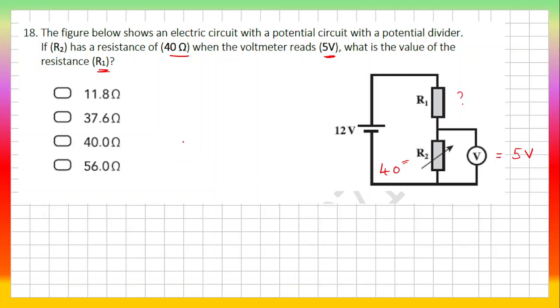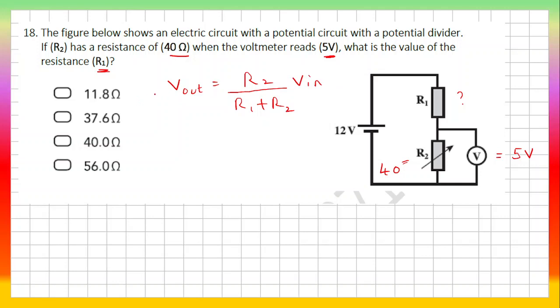Okay, you can go back to the formula table, you will get what we will use, but we will use this one. We will use V out is equal to R2 over R1 plus R2 then multiplied by V in.